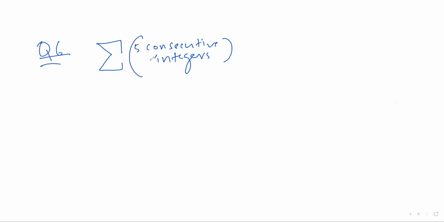Okay, the last thing that we are going to do here. I will say that the sum of 5 consecutive integers is equal to 205.